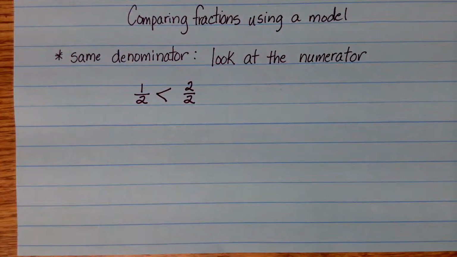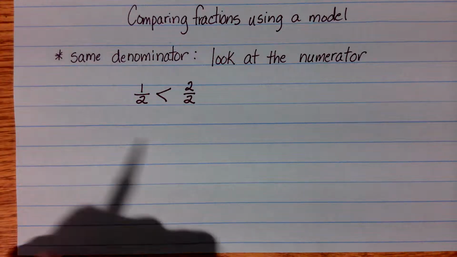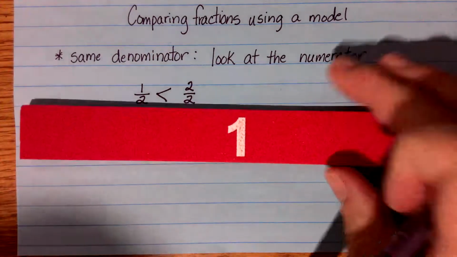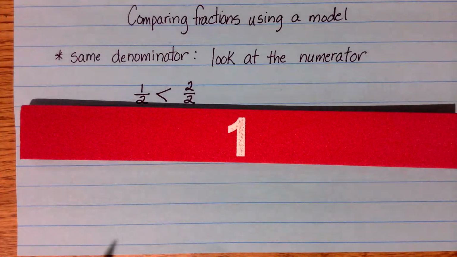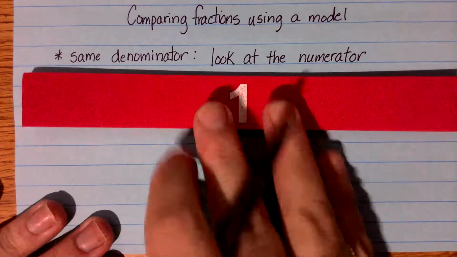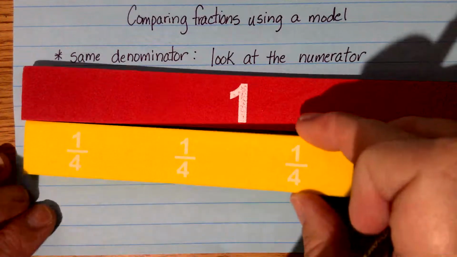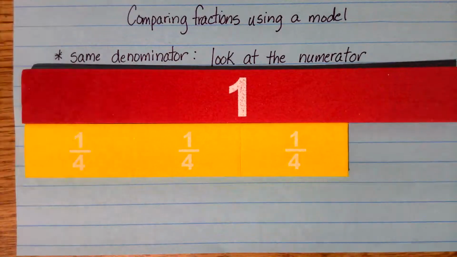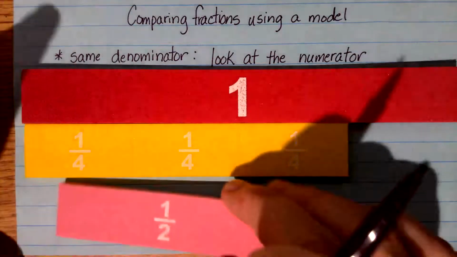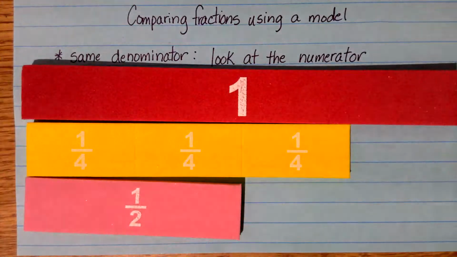All right, if we wanted to compare 3/4 to 1/2, again, both of our wholes are going to be the same size. This is what 3/4 looks like, and this is what 1/2 looks like.